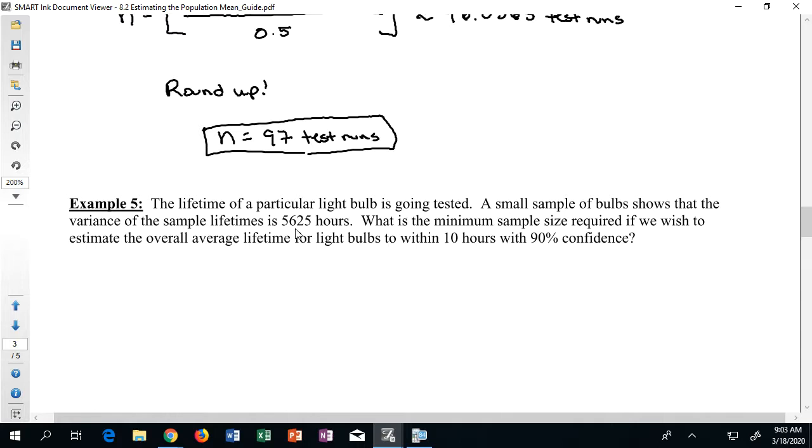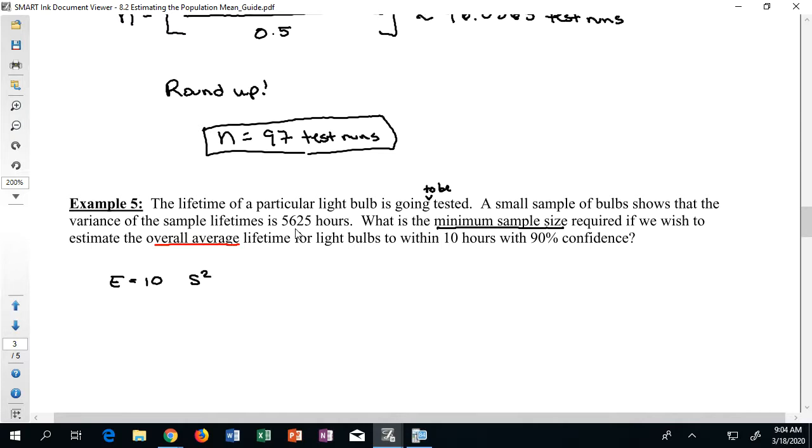Okay, so here's what we have. The lifetime of a particular light bulb is going to be tested. A small sample of bulbs shows that the variance of the sample lifetimes is 5,625 hours. What is the minimum sample size required if we want to estimate the overall average lifetime? Okay, so I want to estimate that overall average lifetime to within 10 hours. So it seems like my error is 10 this time.